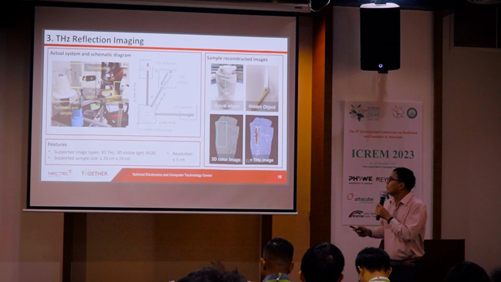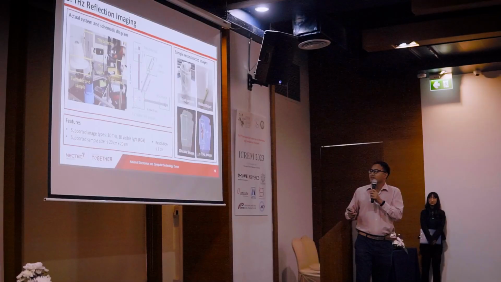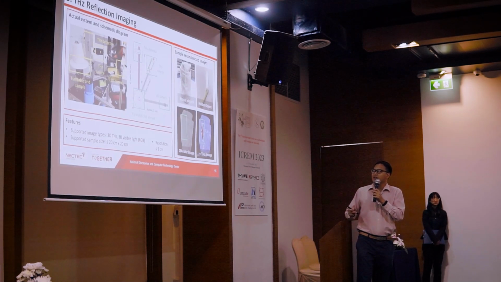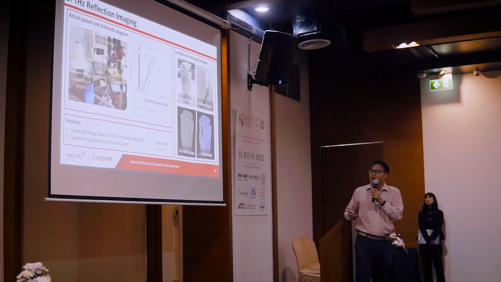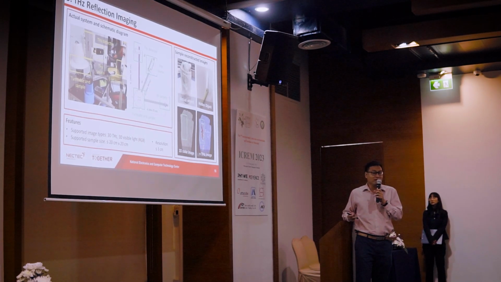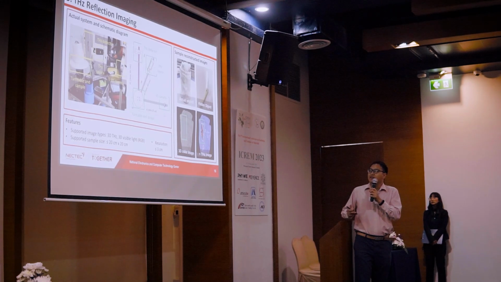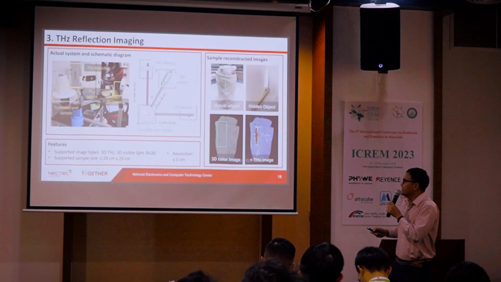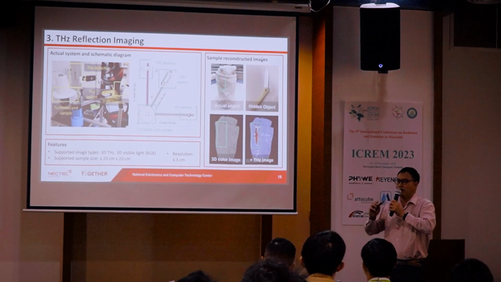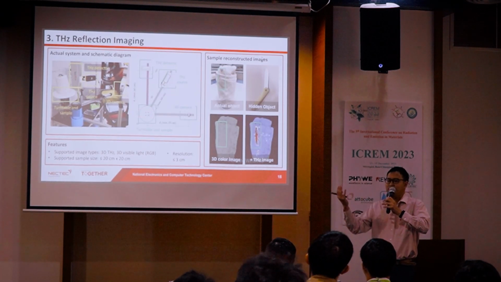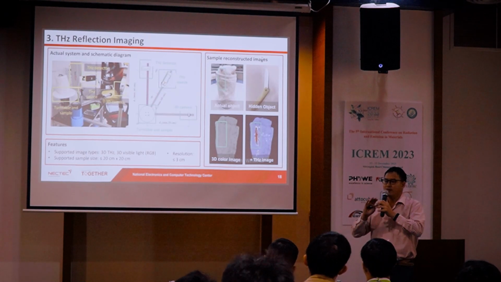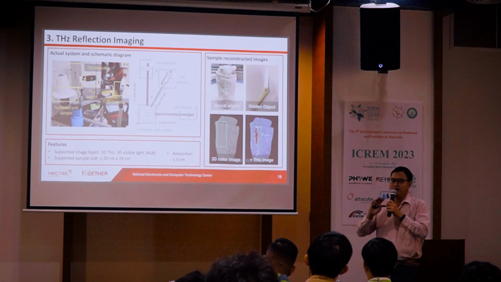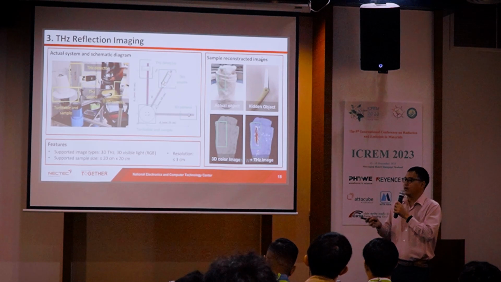So we have the stage here that can turn the sample, and we have the emitter that sends the terahertz signal, and once the signal gets reflected here, it is reflected back to the terahertz detector. And when you turn the sample around using the motor, you can create kind of the panoramic view of the object, 360 degrees view.